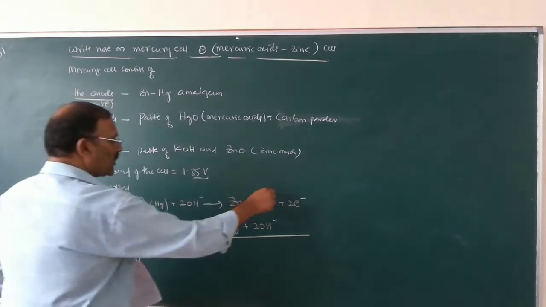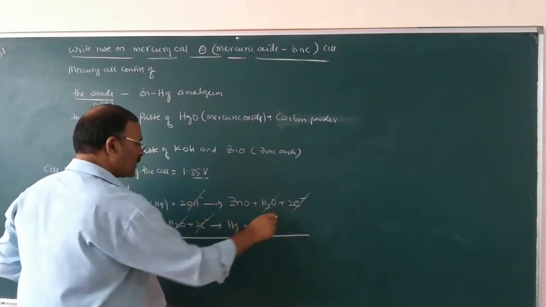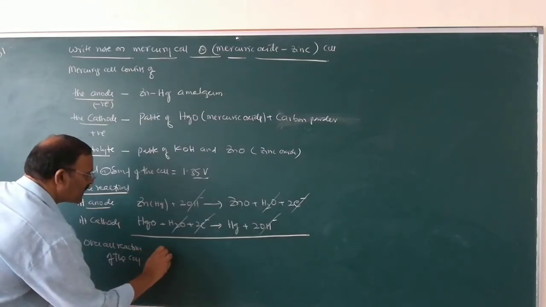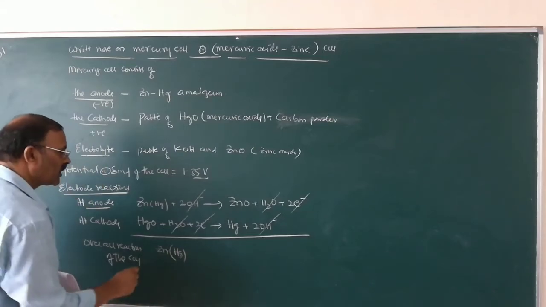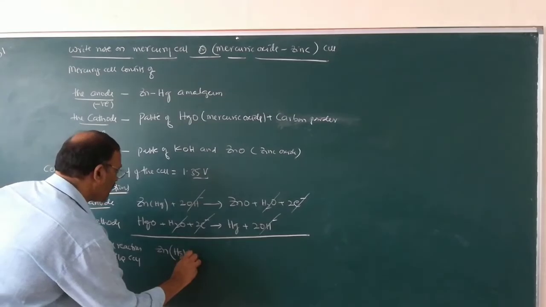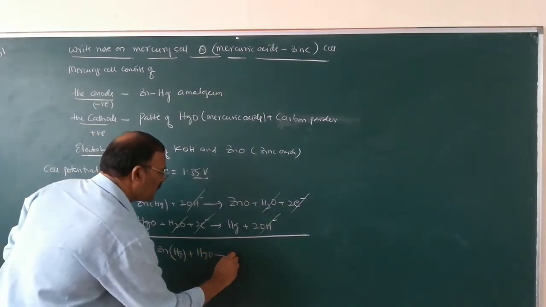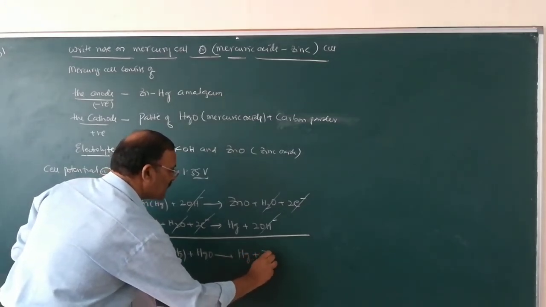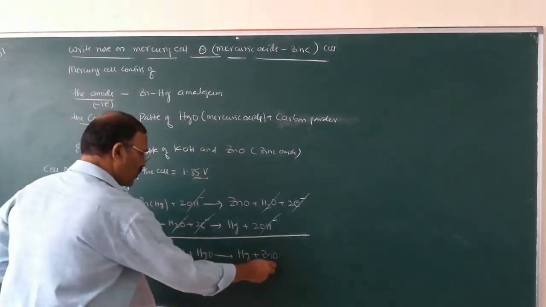So here H2O gets cancelled, electrons get cancelled, OH minus gets cancelled. What is the overall reaction? Zn(Hg), that is zinc amalgam, plus HgO gives Hg plus ZnO.